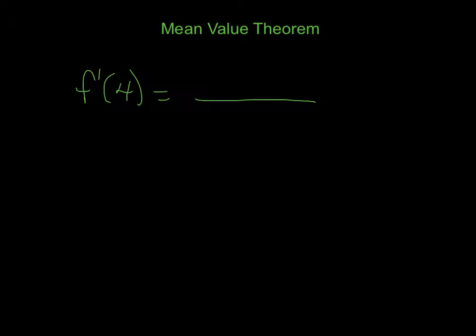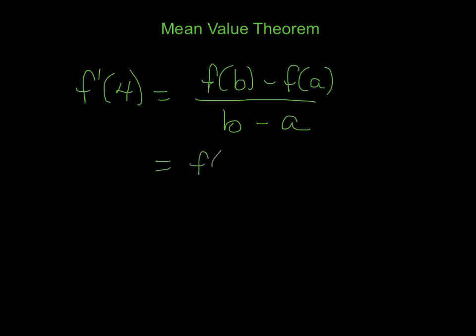You're going to go to the chart and find x values, one higher than 4 and one lower than 4, because the mean value theorem, let me just write this, is f of b minus f of a over b minus a. If you look at the chart, we have one value that's higher than 4, which would be 5, and one value that is lower than 4, which is 3.